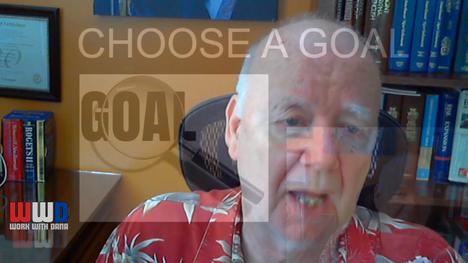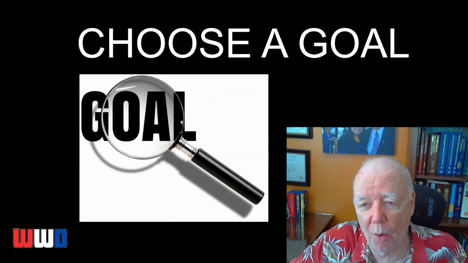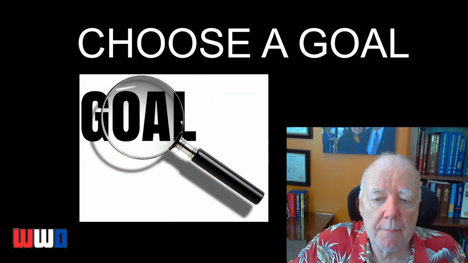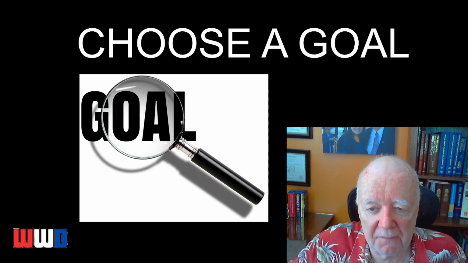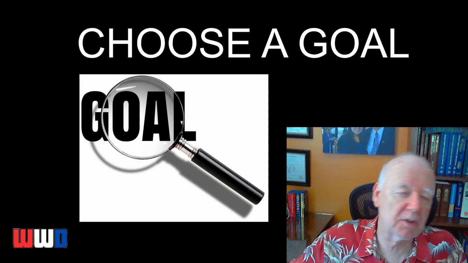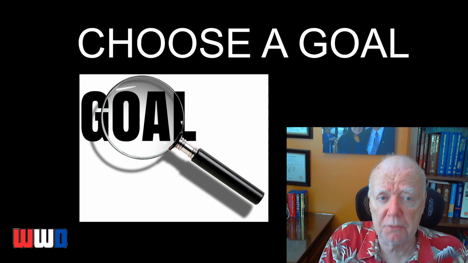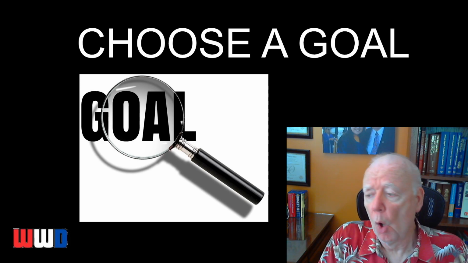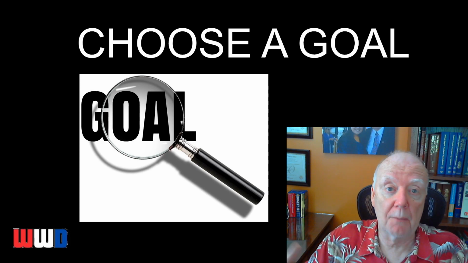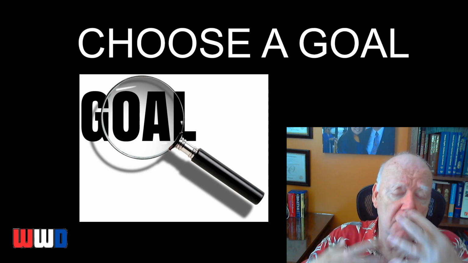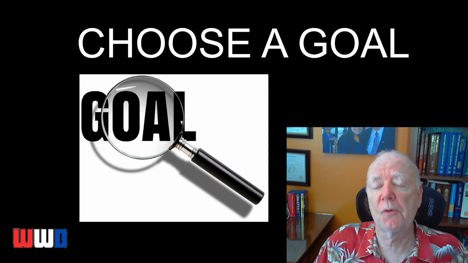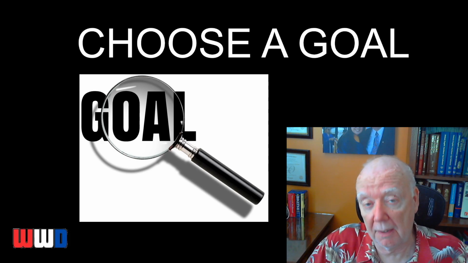So what was the first step? Well, the first step was choose a goal. You want to choose a specific goal. What is it you want your autoresponder to accomplish? Say, for instance, you want to get more subscribers to your YouTube channel, or you want to get more subscribers on your list so you can share with them other offers, other things that you want to make available.